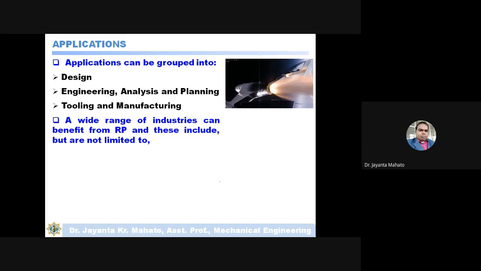Okay. So a wide range of industries can benefit from rapid prototyping, and this includes, but is not limited to, these applications.